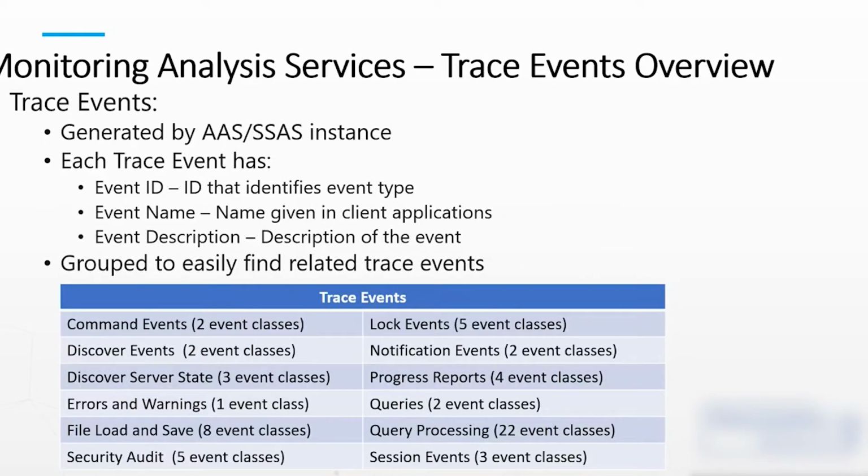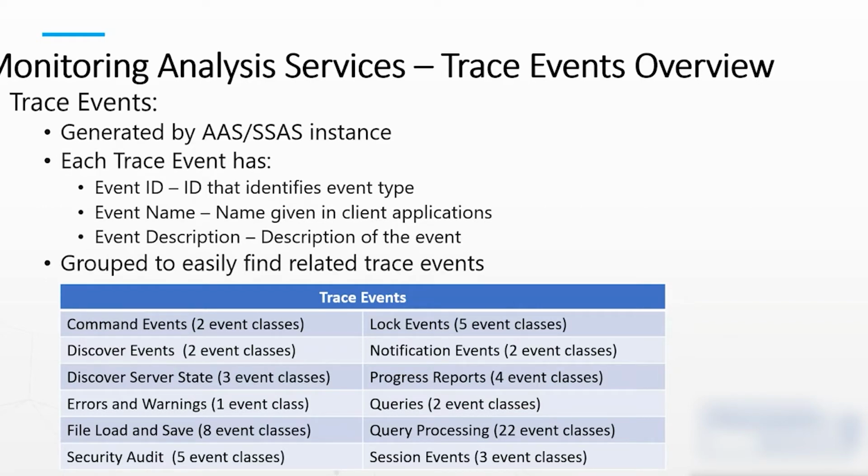So this is where we get to this. Trace events are what's generated by any Azure Analysis Services or SSAS tabular or multidimensional instance. Each trace event has an event ID, an event name, an event description, and the trace events come with categories. So a category in this case, for example, would be command events.